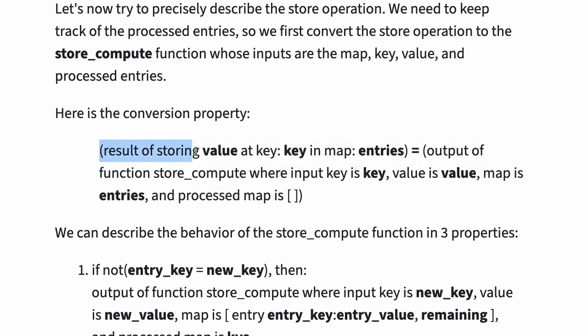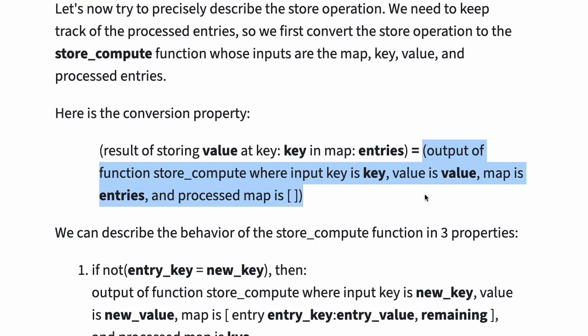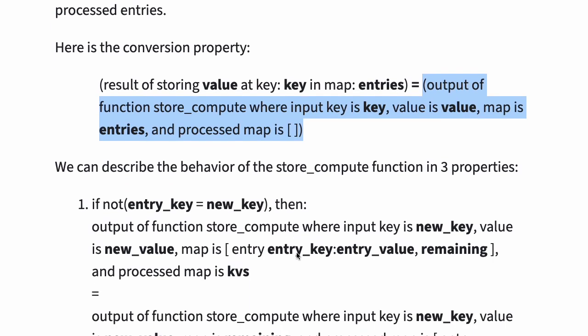The result of storing value at key in map entries is equal to the output of the function store compute, where input key is the same key, value is the same value, map is still entries, and the processed map is an empty map. We can describe the behavior of the store compute function in three properties.